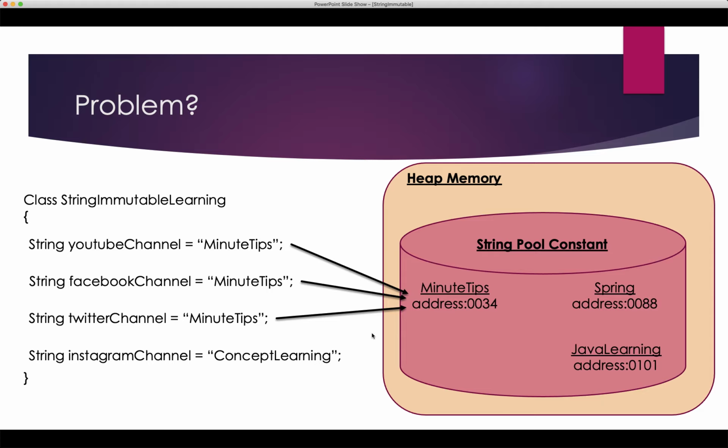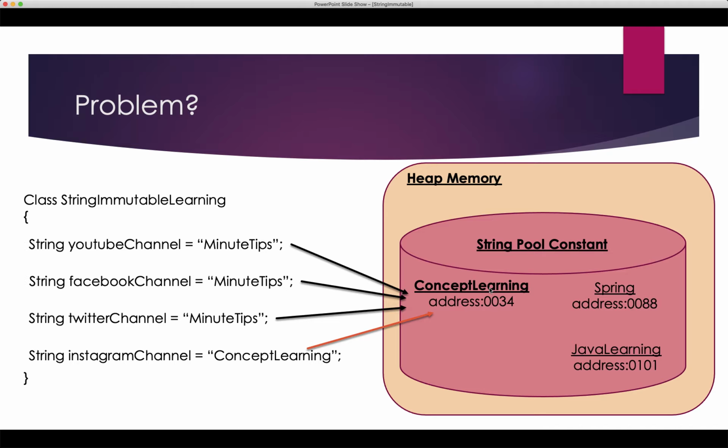Let's consider that as soon as I change the name from Minute Tips to Concept Learning, Java replaces this Minute Tips name with Concept Learning. Then what will happen? It changed the name on the address 0034 from Minute Tips to Concept Learning.